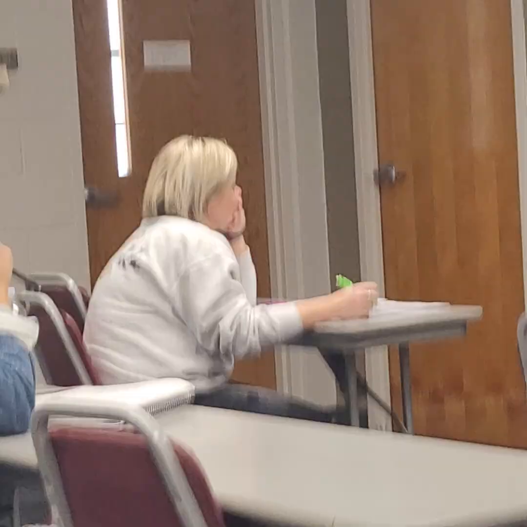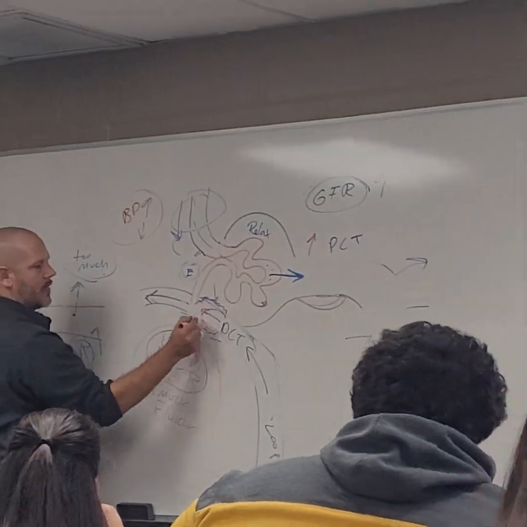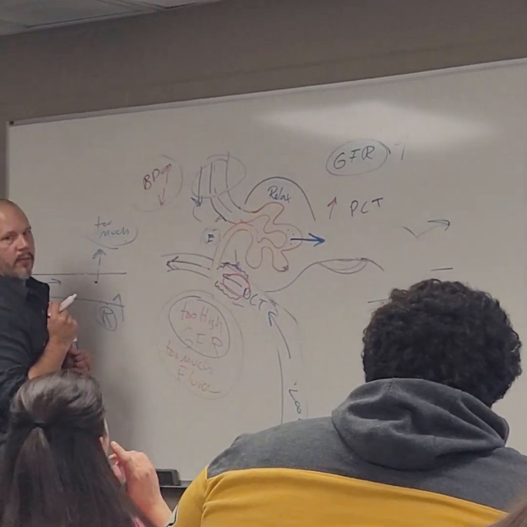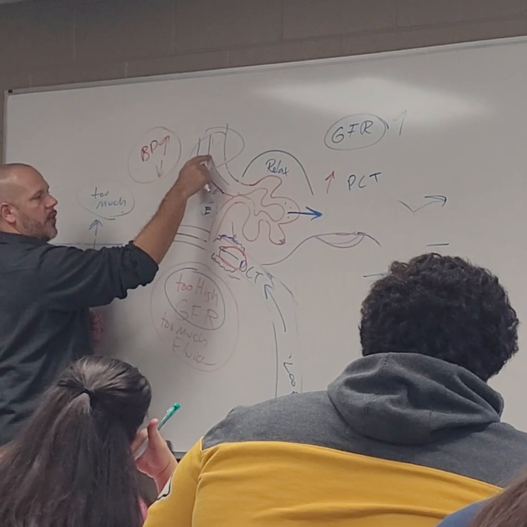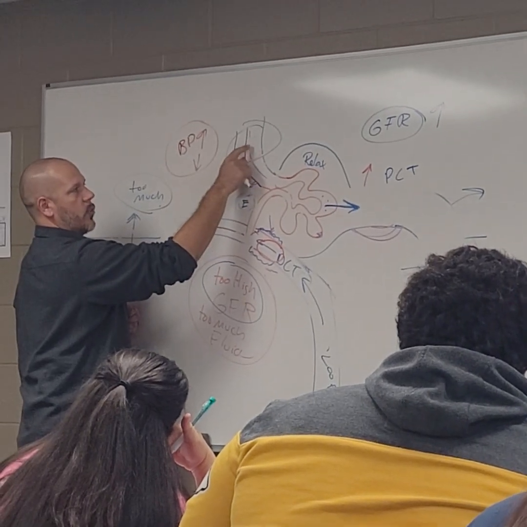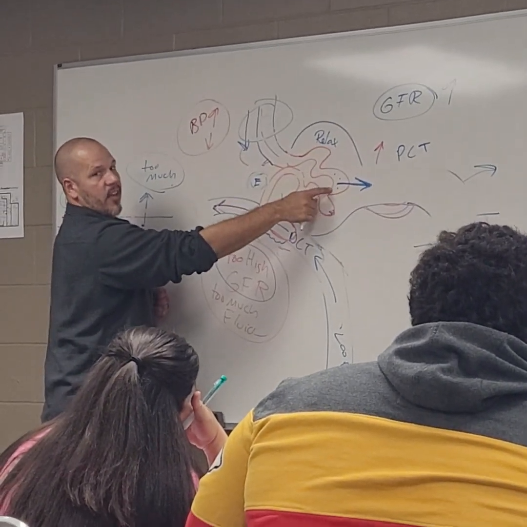Whether I squeeze or relax here is based solely on what I detect in my distal convoluted tube. So I might squeeze or relax here and change nothing there, or vice versa.